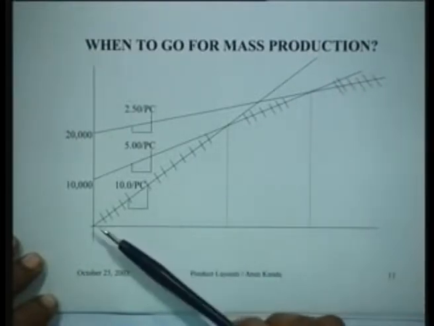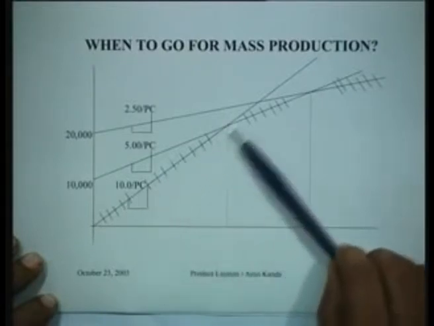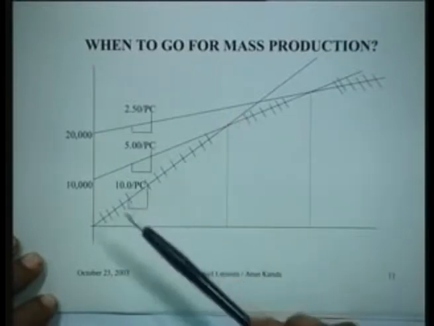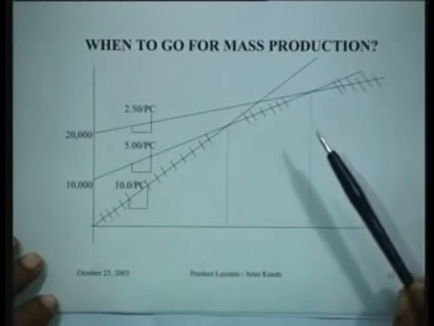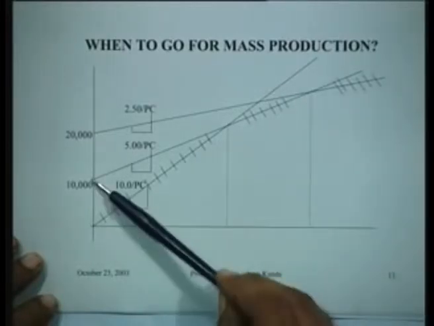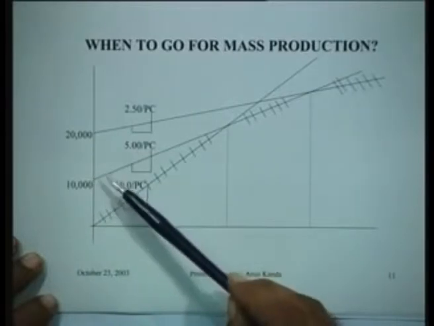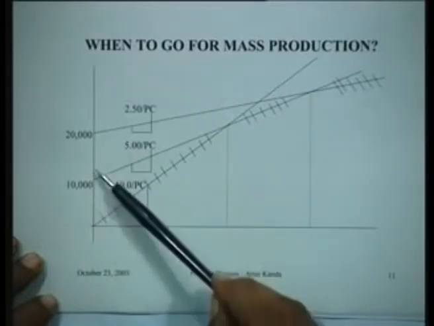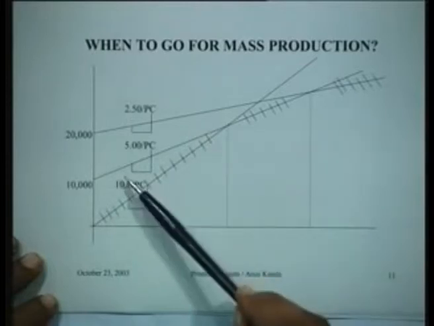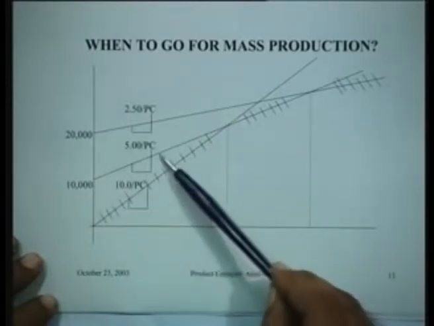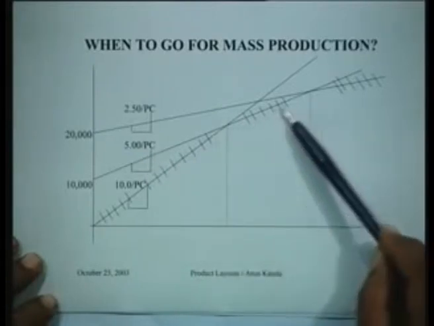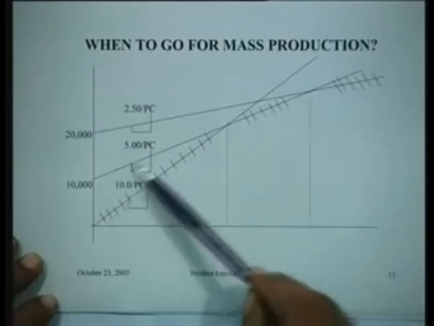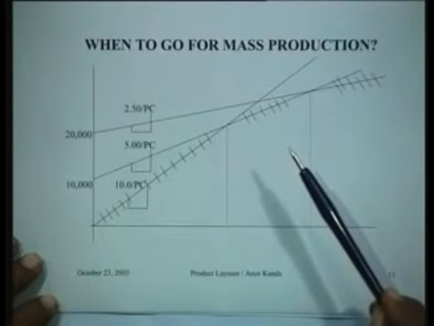We can purchase the part that we are interested in making for 10 rupees a piece and just keep buying it. Or we can invest 10,000 rupees and set up some general purpose machines or individual stations, as the case may be, and then we'll be able to make a part on our own for 5 rupees a piece, and the total cost, the fixed costs and the variable costs, will be of this nature.